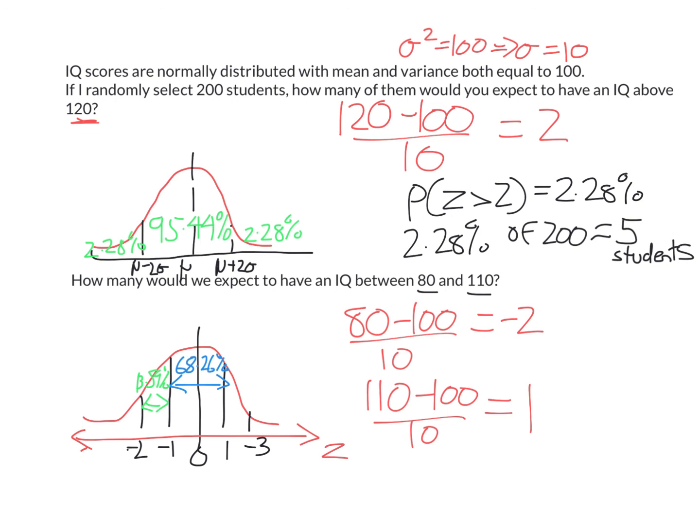So just adding these two numbers together, we get about 81.85% of students would be in this area from -2 to 1 standard deviations from the mean. So of course, 81.85% of 200, you just times 0.8185 by 200. The answer you get is 163.7. We'll just round it up, so it's about 164 students.